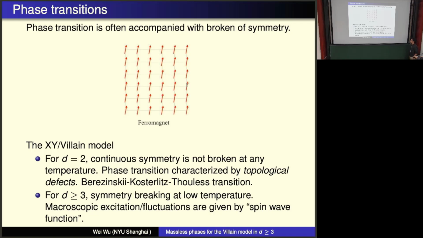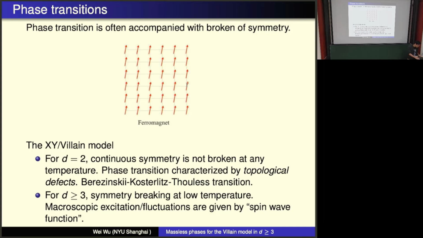And in dimensions 3 and higher, there is a symmetry breaking, meaning that these spins do have a preferred direction at low temperature, but there will be macroscopic fluctuations because it's a spin model with a continuous symmetry, and these macroscopic fluctuations are believed to be given by a spin wave, which is a Gaussian free field in a way, in dimension 3 and higher.